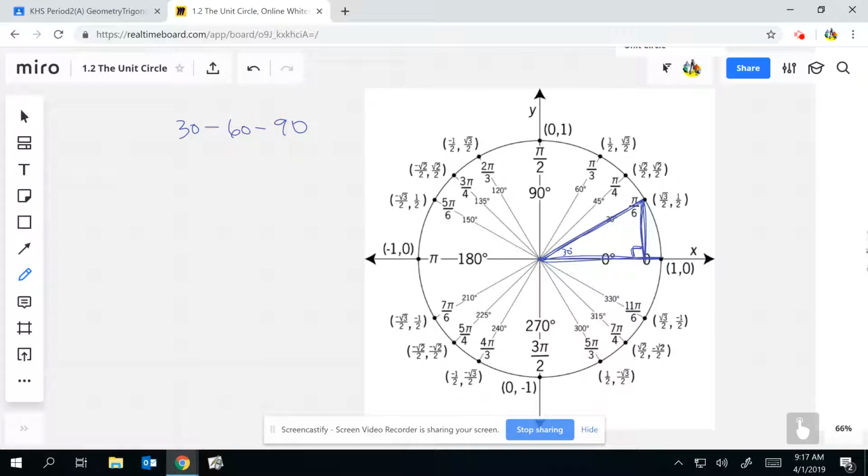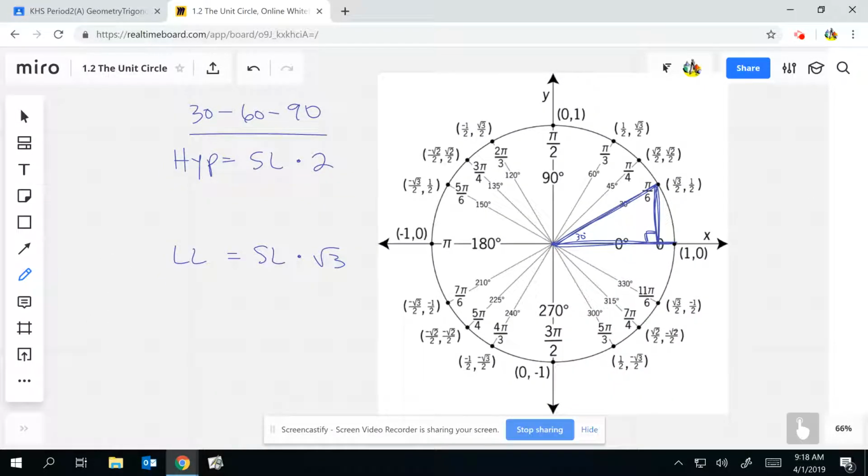In the 30, 60, 90 triangle, we said that your hypotenuse equals your short leg times 2. And we said that the longer leg equals your shorter leg times radical 3. Those were the two formulas that we learned for the 30, 60, 90.